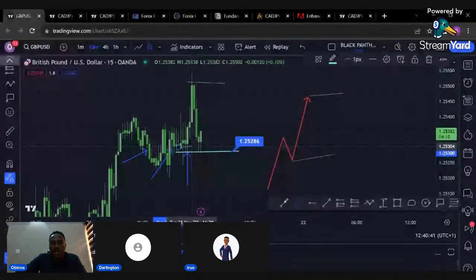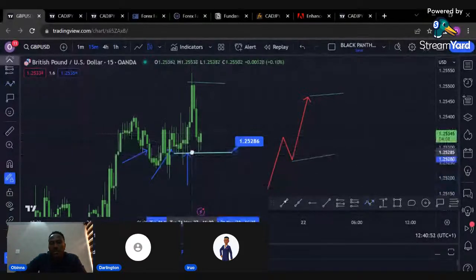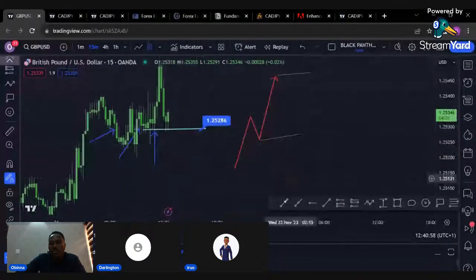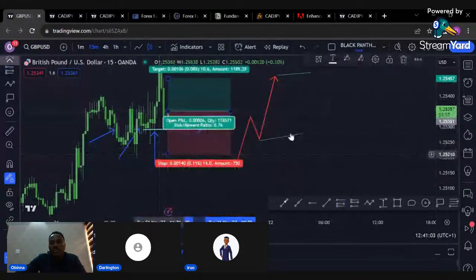And all these places, as long as price has not broken it to go down like this, that means this area is still valid. So if I'm looking for trading opportunities, then I know that my stop loss will be below the wicks. Do you understand?